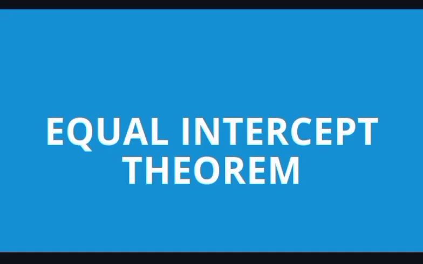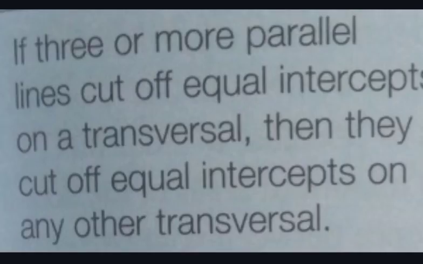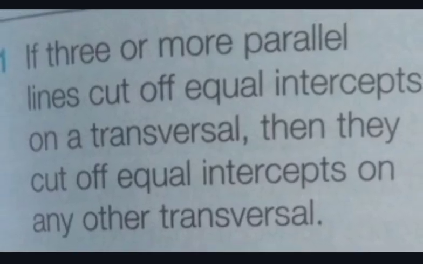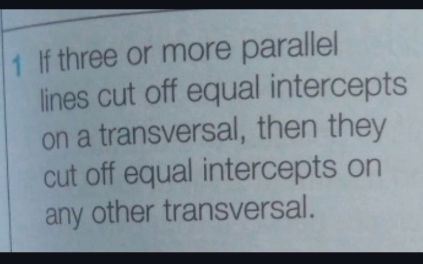So the first theorem we'll be talking about will be the equal intercept theorem. This theorem states that if three or more parallel lines cut off equal intercepts on a transversal, then they cut off equal intercepts on any other transversal.